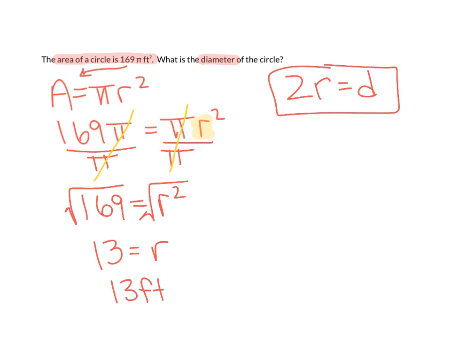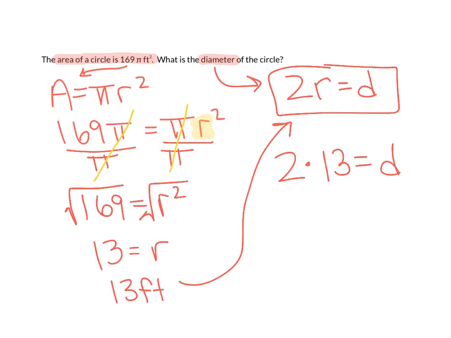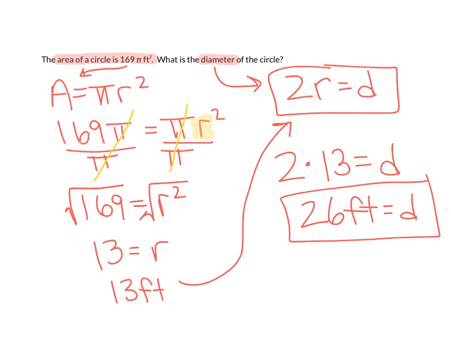So now I'm going to go back over here and say, all right, well, let's take that 13 feet. We need to find diameter. Diameter is what we're looking for. We have the radius now. So we're going to take 2 times my 13 feet, which is my radius, to find my diameter. That means 26 feet equals my diameter.